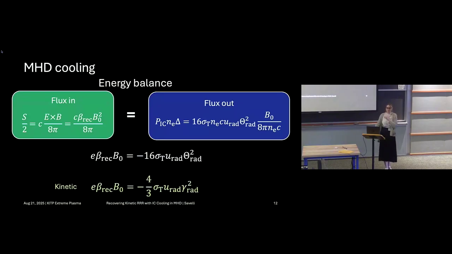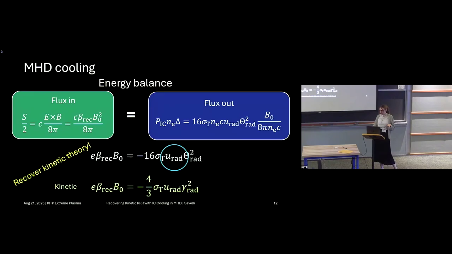Now this is what the PIC force balance looked like, and this is the MHD energy balance. So these are actually equivalent. The only reason they look different is because here I have theta_rad, but if you just substitute gamma squared is 12 theta squared, these are exactly the same. So we're actually able to recover the kinetic cooling theory in MHD with this non-uniform resistivity model.